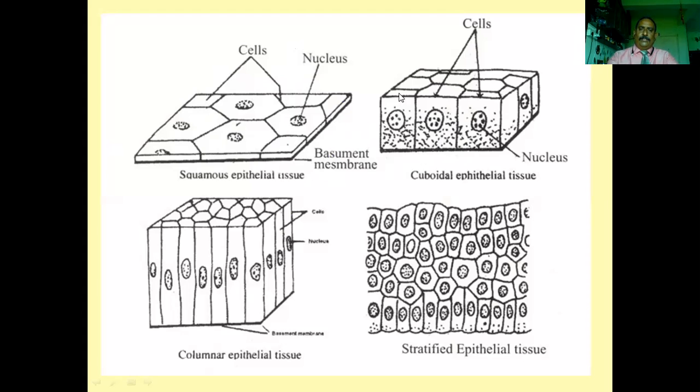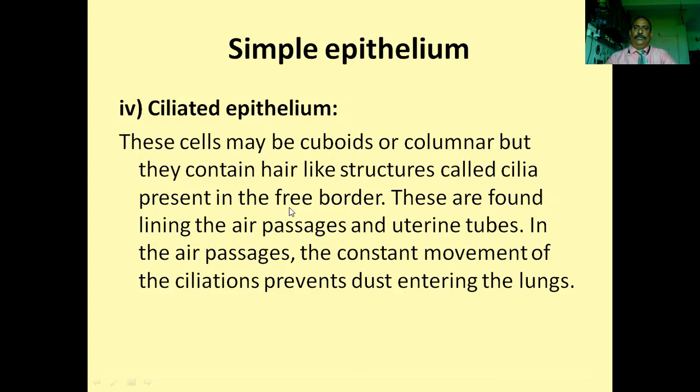Then you have cuboid cells, which are square-like, with a nucleus here, and this is columnar epithelium, which presents itself like this. So we call it squamous epithelium, or stratified epithelium, simple epithelium, and stratified epithelial tissue.